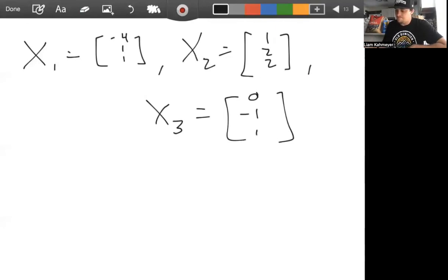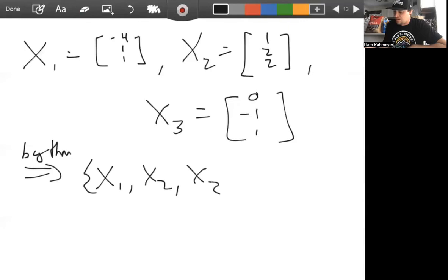So if we know by theorem that the set x1, x2, x3 is an orthogonal set, then how do we get an orthonormal set? Well, we take the orthogonal set and we scale each vector by 1 over its magnitude, right?